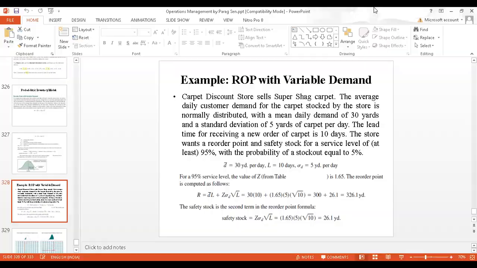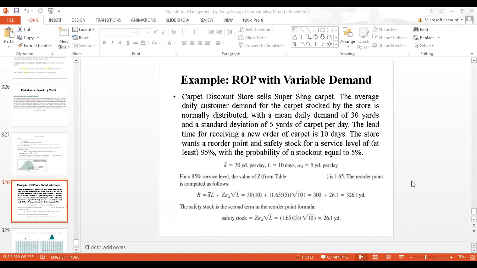You will plug in the value of Z, the service level. If it is given at 95%, then at 95%, what will be the value of Z that you will have to put here, and you will be calculating the safety stock and the reorder points.